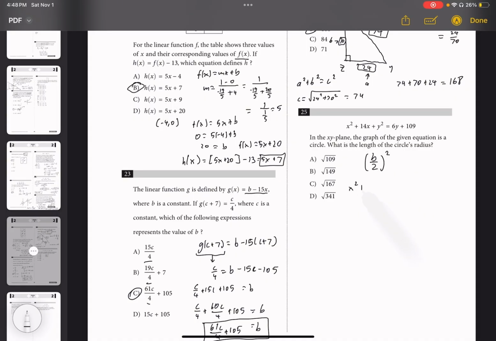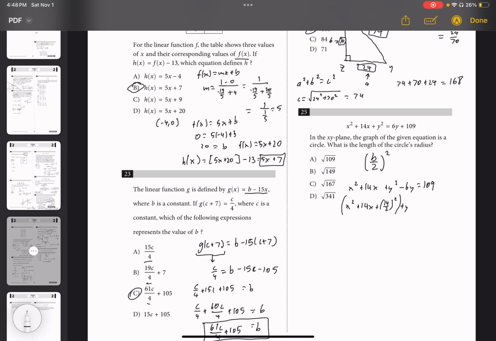So we have x squared plus 14x plus y squared minus 6y is equal to 109. Remember, move all your terms to one side. So we have x squared plus 14x plus 14 over 2 squared plus y.